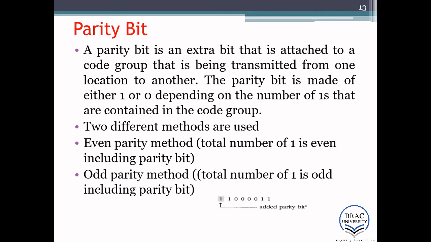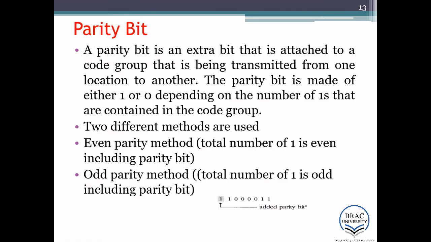A parity bit is an extra bit that is attached to a code group that is being transmitted from one location to another location. The parity bit is made of either 1 or 0 depending on the number of ones that are contained in the code group. There are two different methods. Even parity method: the total number of 1s is even including the parity bit.